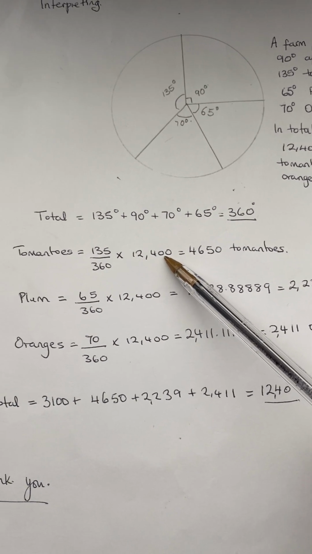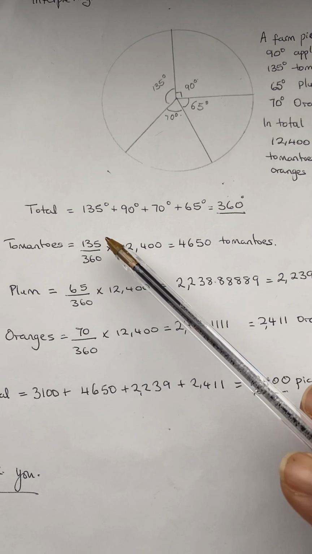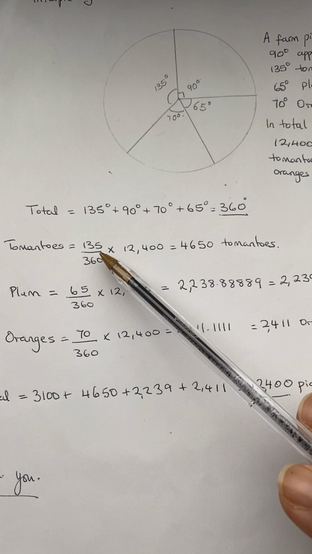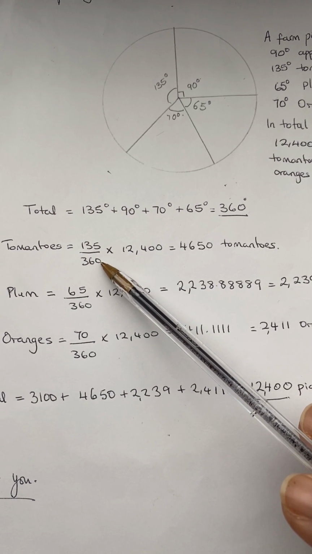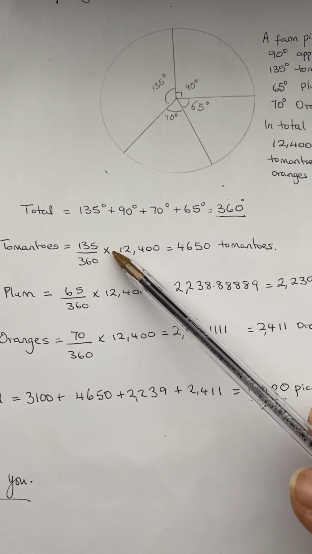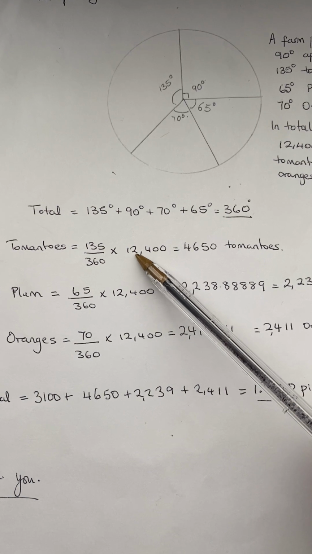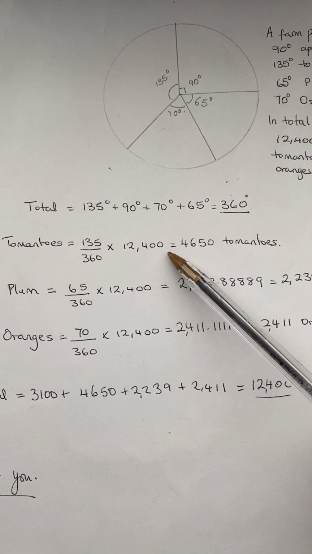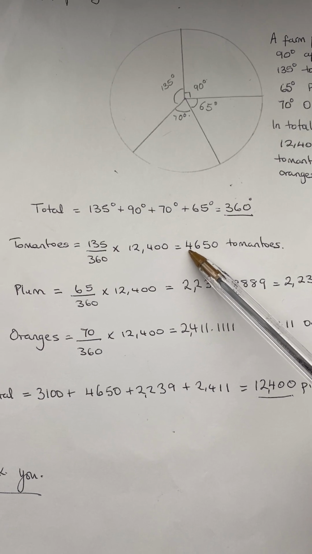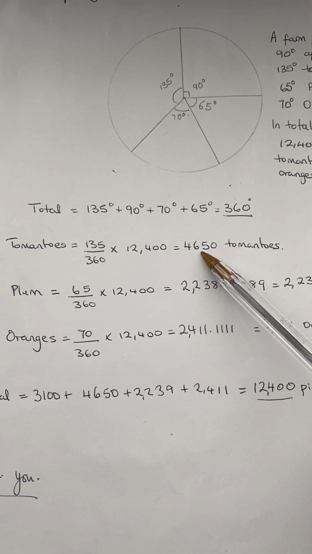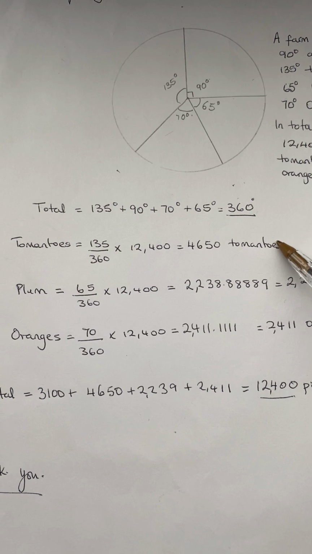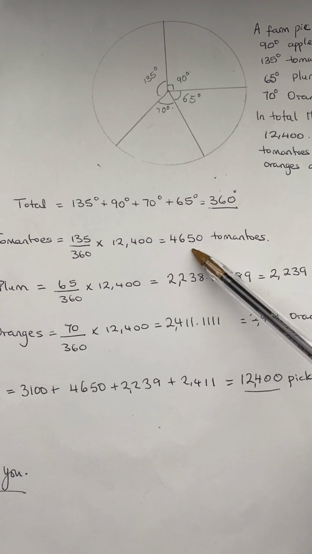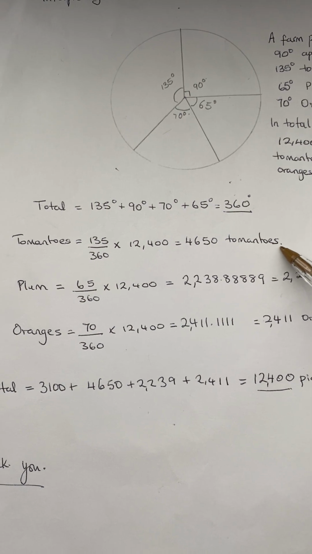Okay, so now if you use the calculator, you do 135 divided by 360 times 12,400. If you do that, you are going to get 4,650 tomatoes. Okay, so we know how much tomatoes was picked.